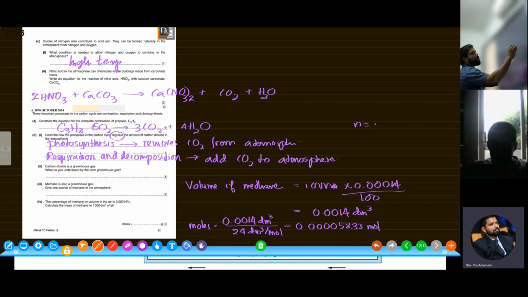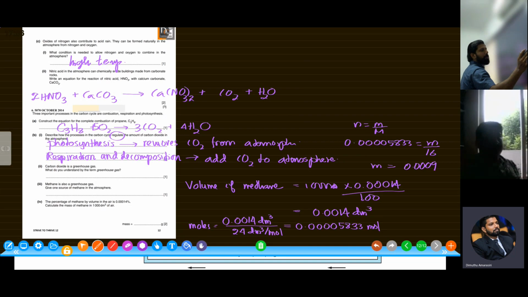Then you have to apply n equals m over M. 0.00005833 equals m over 16, as methane is 16, right? So then what's the answer? 0.0009 exactly, 0.00093 grams. That means in milligrams, 0.93 milligrams. That's the answer. It's a good question, right?